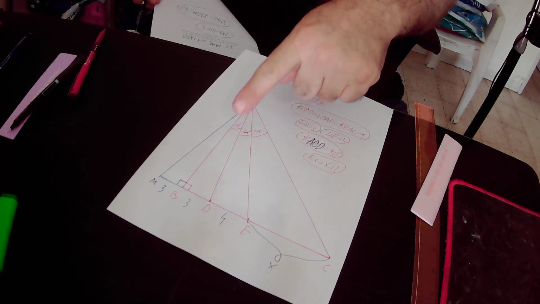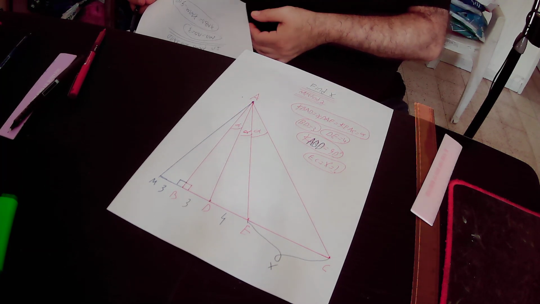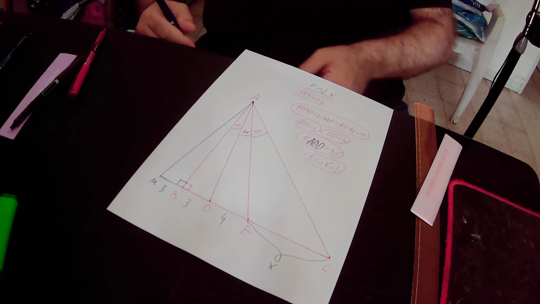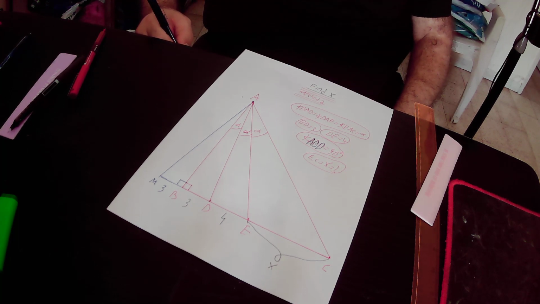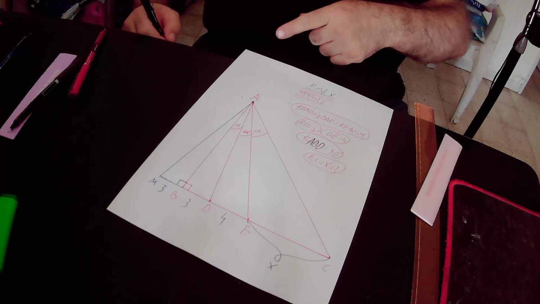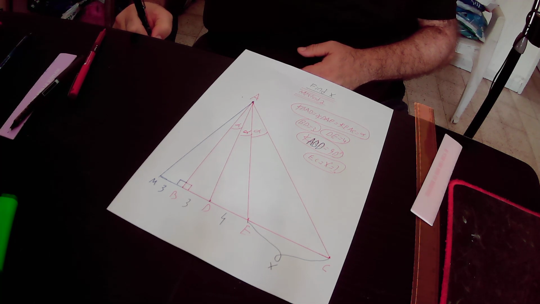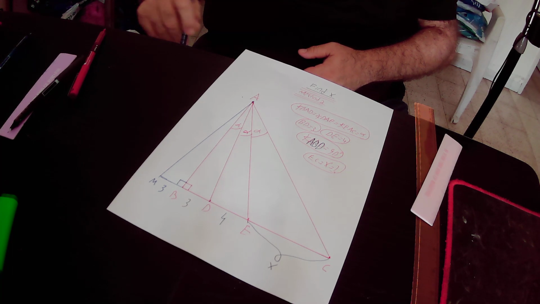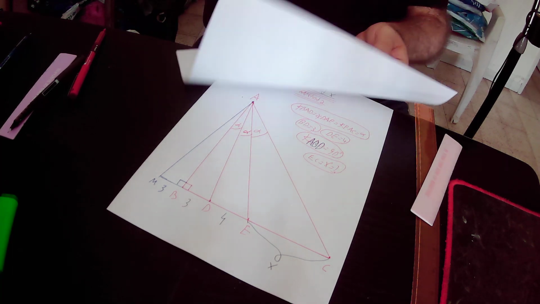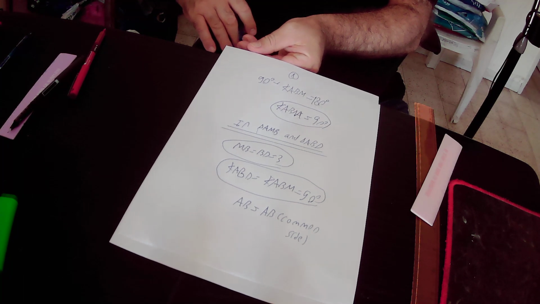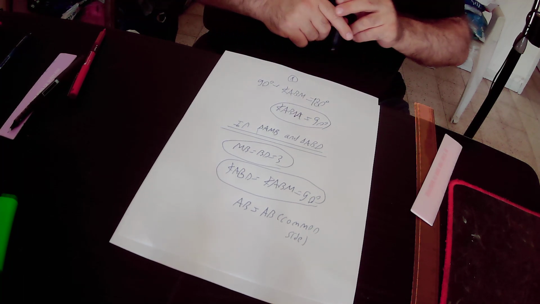And AB is a common side, that is to say AB equals AB. It is a common side, it belongs to both triangles.